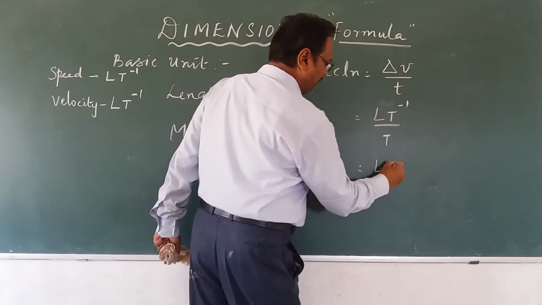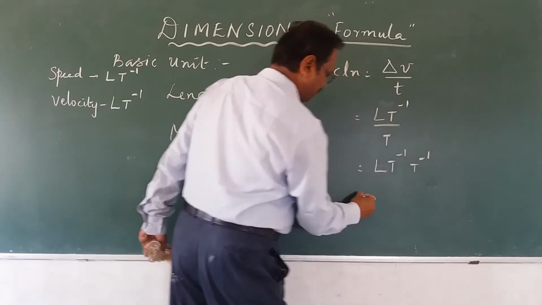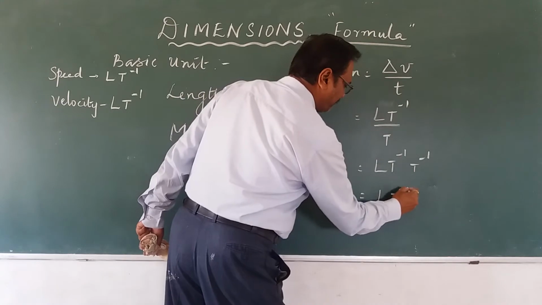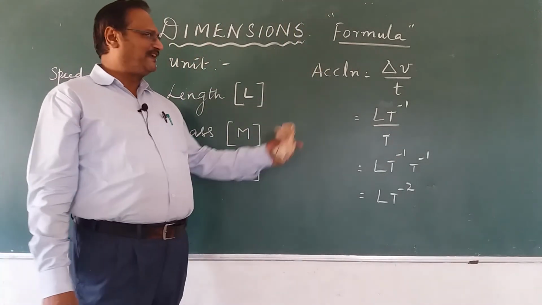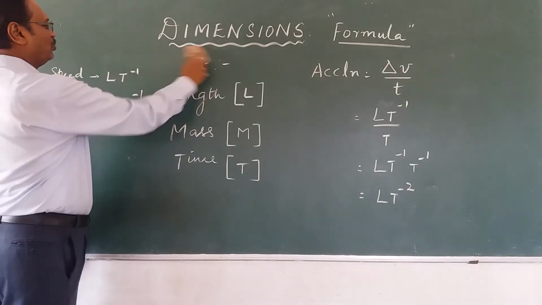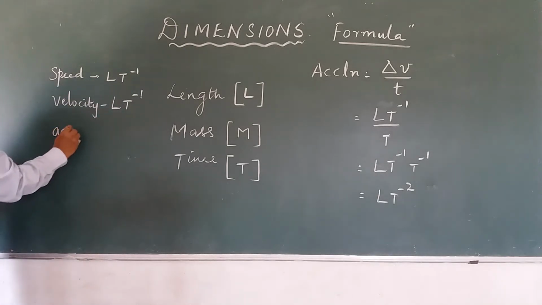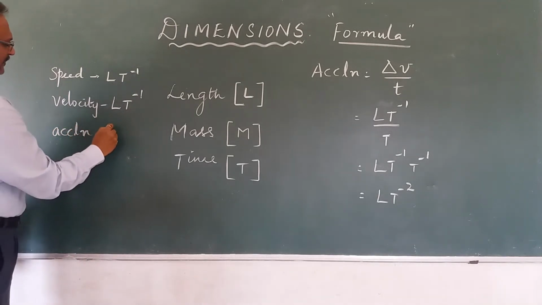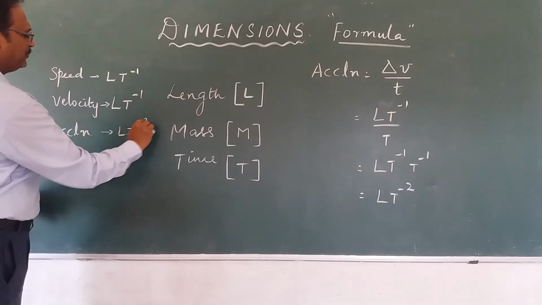That is L T power minus 2. L T power minus 2 is the dimensional formula for acceleration. So these are derived ones.